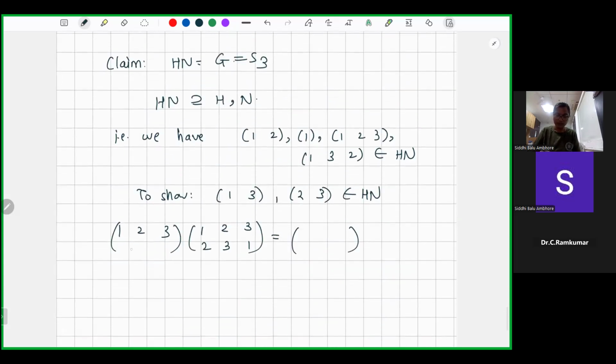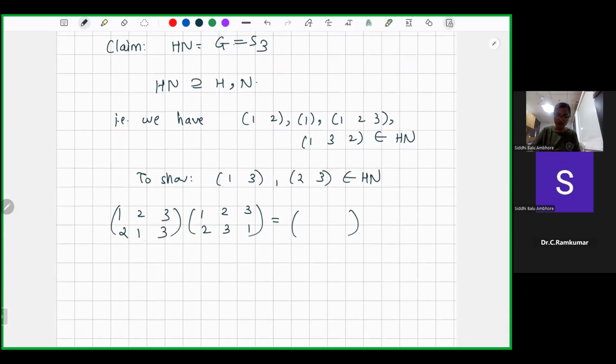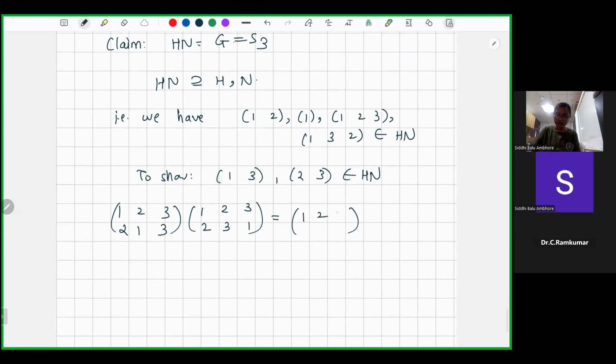I only have this element here, (2 1 3), and it will give me (1 2) and this will give me (3 2). 1 goes to 2, 2 goes to 1, 2 goes to 3, 3 goes to 3, and 3 goes to 1, 1 goes to 2.